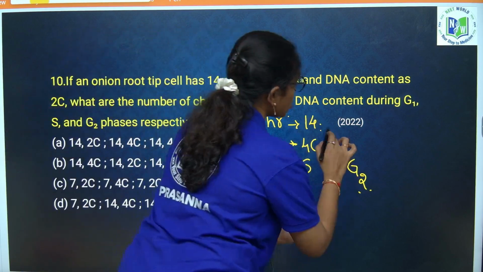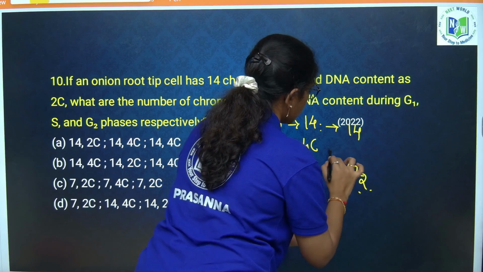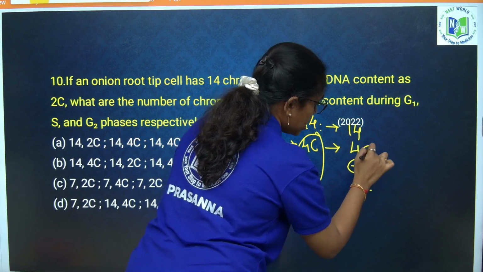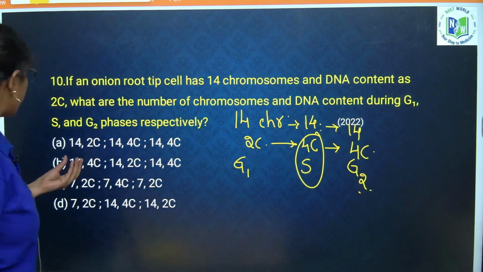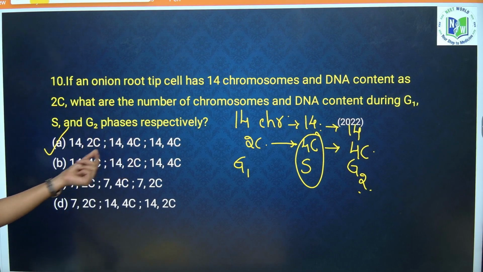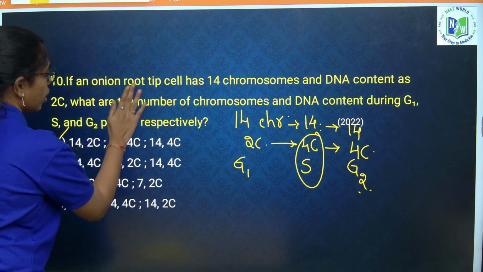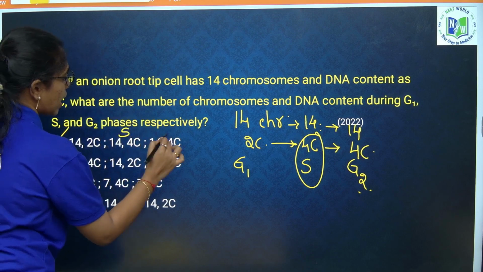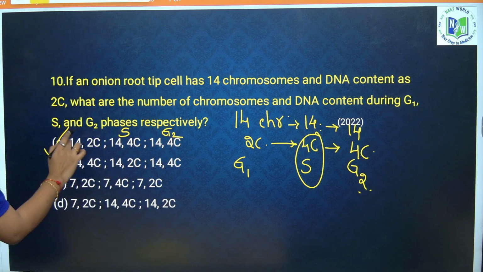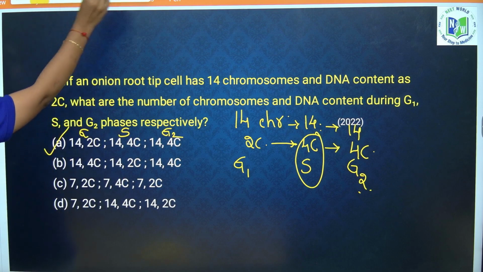In G2 phase also the chromosome number remains the same and the doubled DNA stays as it is. Now what will be our answer? Option A: 14 and 2C in G1, 14 and 4C in S, and 14 and 4C DNA content in G2 phase. Clear, beta?